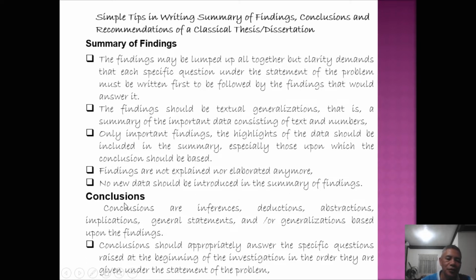On conclusions, by the way, conclusions are inferences, deductions, abstractions, implications, general statements, and or generalizations based upon the findings. These are the tips. Conclusions should appropriately answer the specific questions raised at the beginning of the investigation in the order they are given under the statement of the problem.